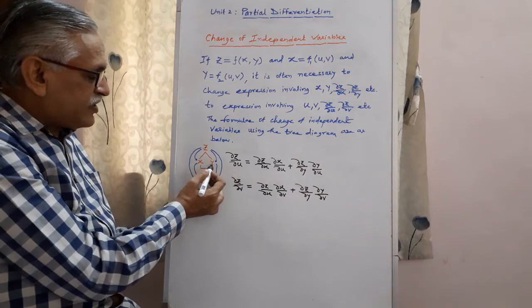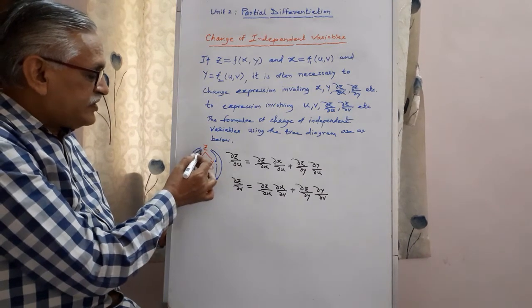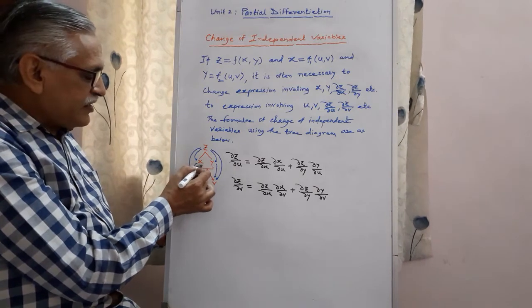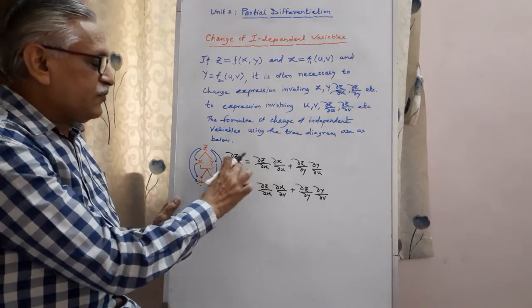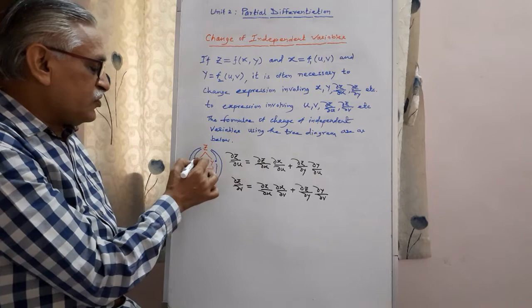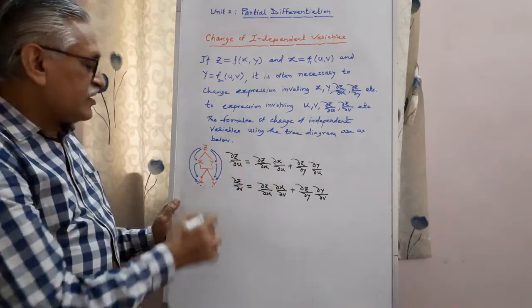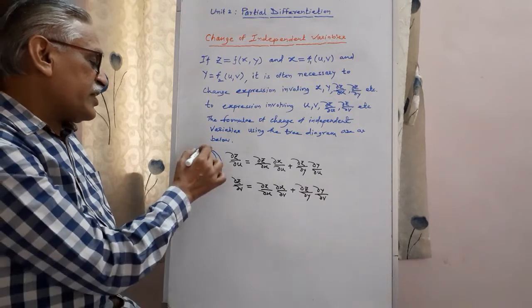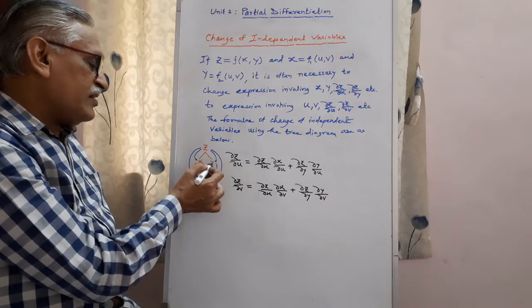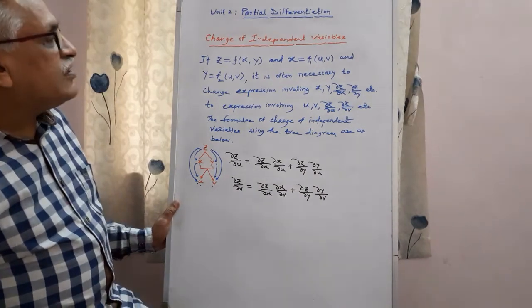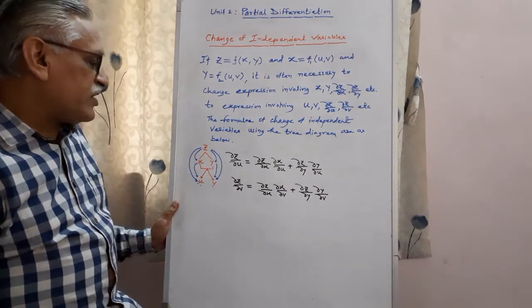As z is a function of x and y, we can differentiate z first with respect to x and then x with respect to u. Therefore, dou z by dou u is equal to dou z by dou x into dou x by dou u, plus differentiating z with respect to y and y with respect to u. This is the first formula for change of independent variable.